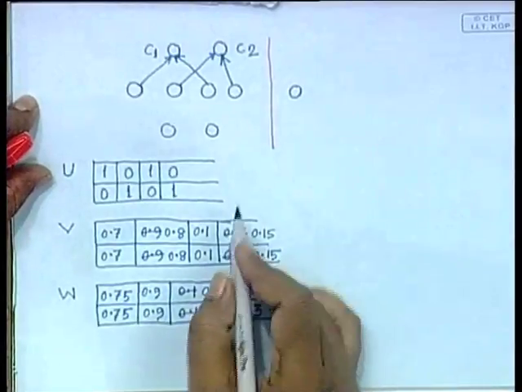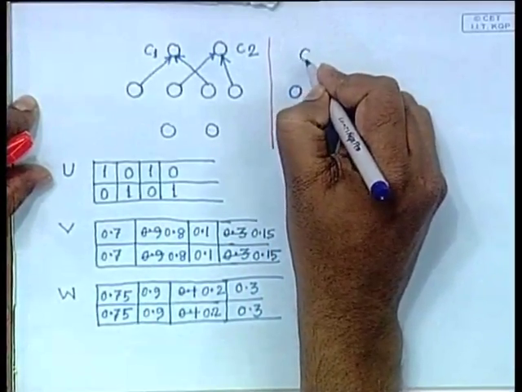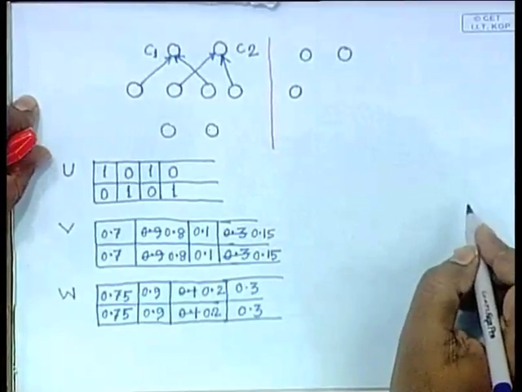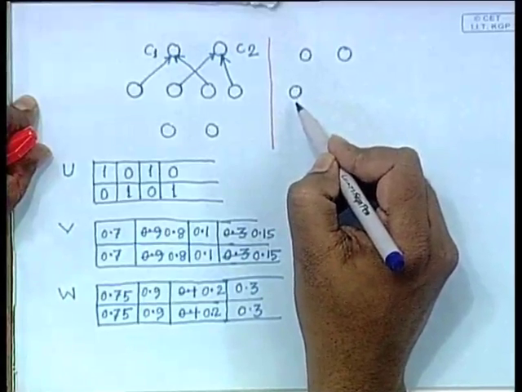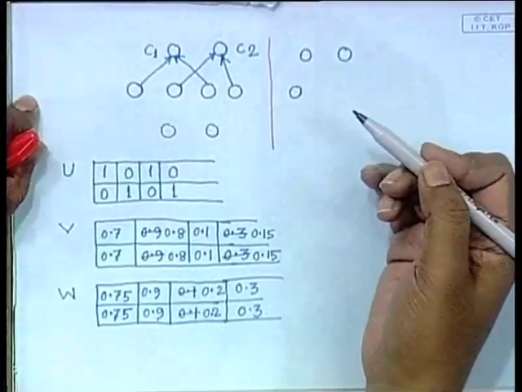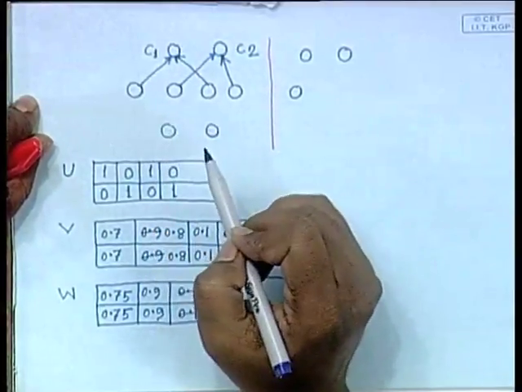Okay. And in the overlap compensation section also I will have two output layer nodes, one corresponding to class C1, other one corresponding to class C2. Okay. And the function of this overlap compensation neuron will be to calculate what is the amount of compensation that has to be provided while calculating the membership function, and that compensation has to be added to the outputs of the neurons as given in the classification section.